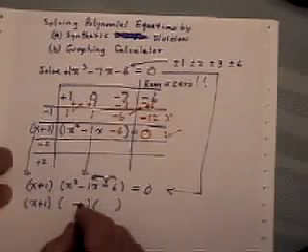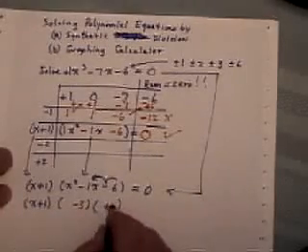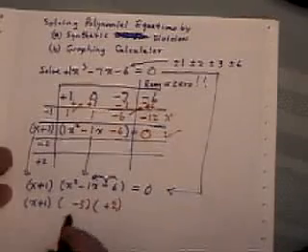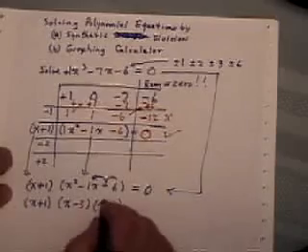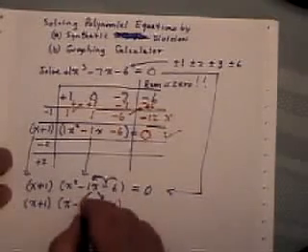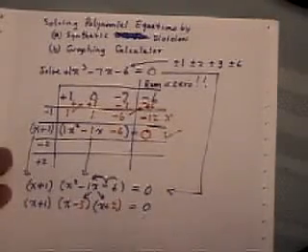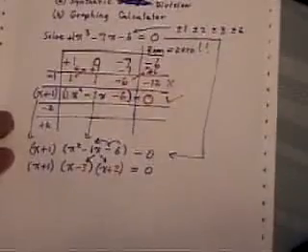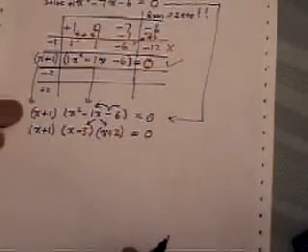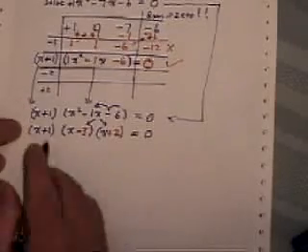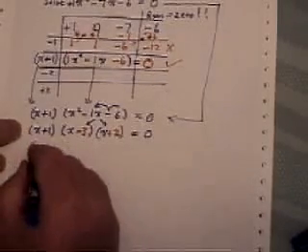My answer is negative 3 and plus 2. Yep, that makes negative 1. So the second bracket breaks up into two brackets. I have now taken my original polynomial, which is a cubic, and broken it up into 3 brackets.